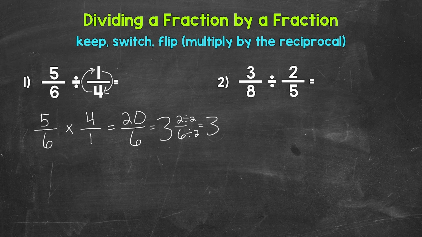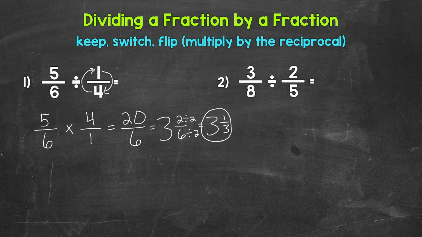We keep our whole number of 3 the same, and then 2 divided by 2 gives us 1, and then 6 divided by 2 gives us 3. The only common factor between 1 and 3 is 1. So this is now in simplest form. Our final simplified mixed number, 3 and 1/3.